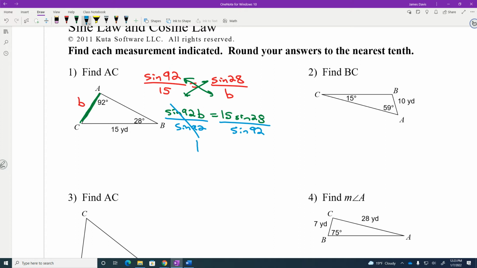Good, yeah. 7.04, so we'll get to 7. Yeah, 7 yards. And then it's just a good idea to make sure this makes sense in the context of the problem. So this other side we were given, 92, opposite of that was 15. So 28 should be a much smaller side opposite of it. And it is, 7 is also smaller than 15. So that seems to make sense.